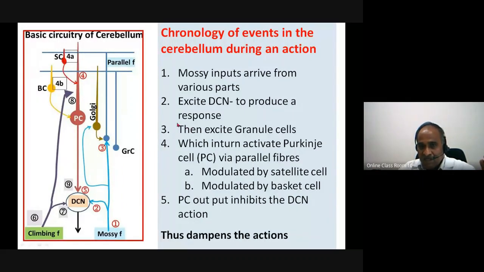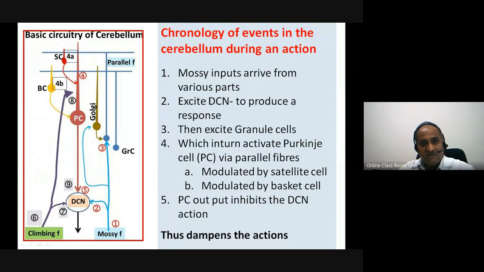So that means they excite the granule cell, which in turn activates the Purkinje cell via parallel fibers. Number 4, you can see number 4 here. So 4A and B, these are modulations. 4A is active because of these things.